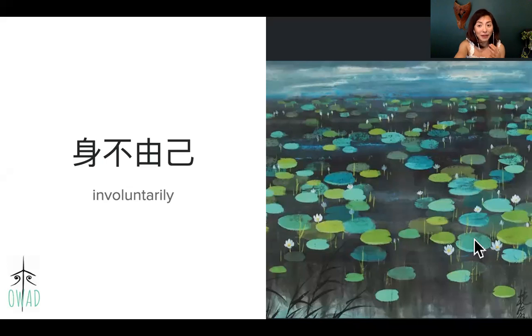Okay, I put a picture of this rainy day at the pond, where all the flowers in the pond are living under this weather, whether rain or shine, the weather shared by all of them. So a lot of times it's involuntary, like a lot of us, I guess all of us, are living involuntarily.